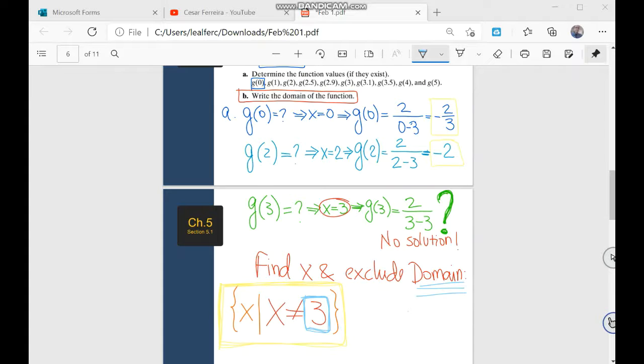So we will exclude, remove, ban the number that makes the denominator equal to 0. And the number in this example is x equals 3. We will make the domain all numbers except 3. 3 is excluded, banned, deleted from the domain. Questions? Any questions?